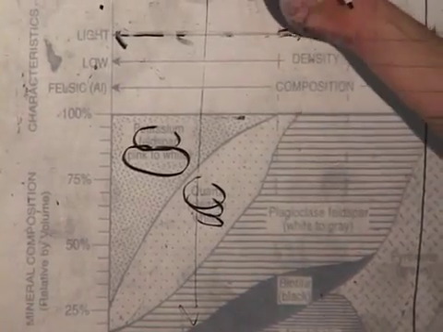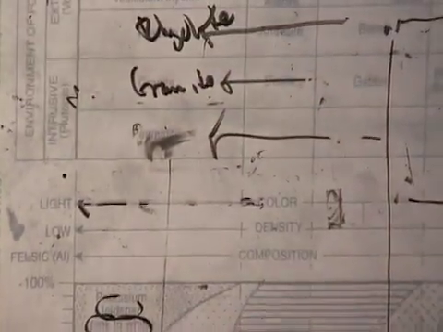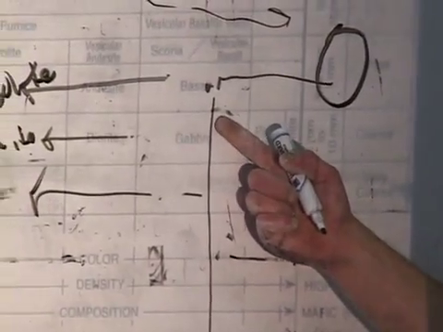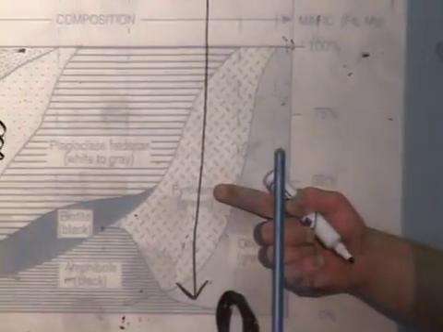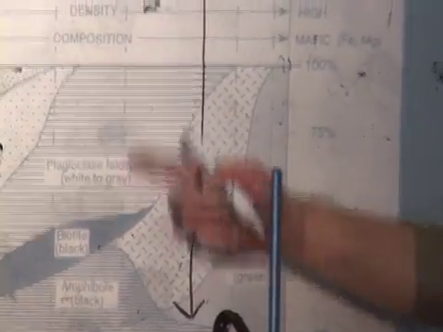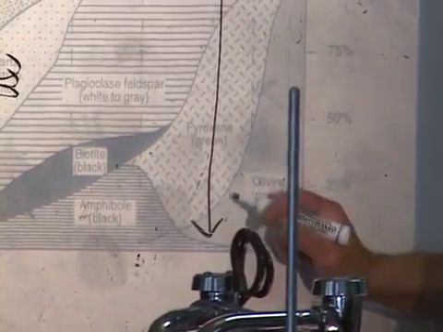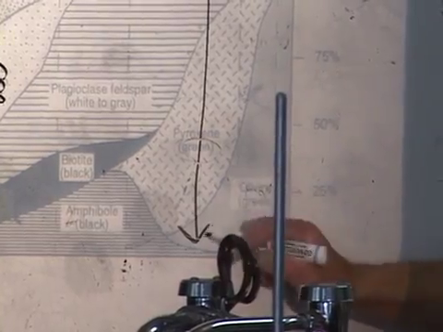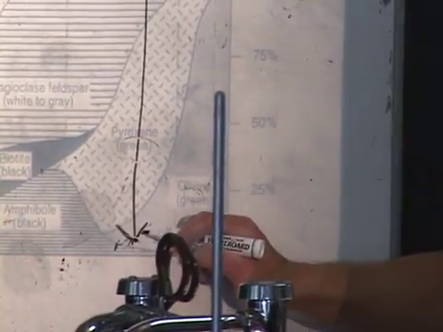Feldspar, pink to white. So the rock is light colored because the minerals that make up the rock are light. But on the other hand, different parts of the world have different magmas. It's like soup. So this soup, or this magma, contained dark ones. Here's a dark green. And here's a little bit of black.